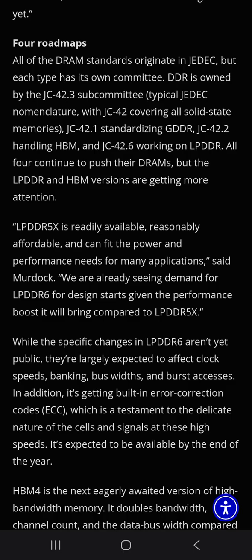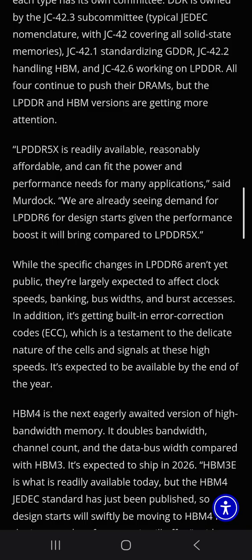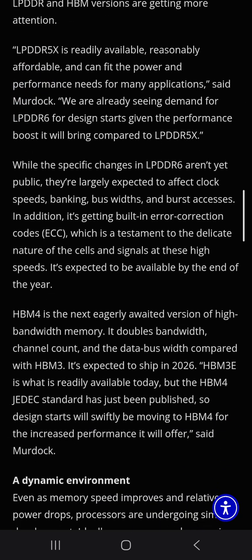LPDDR5X is readily available, reasonably affordable, and can fit the power and performance needs of many applications, said Mora. We are already seeing demand for LPDDR6 designs start, given the performance boost it brings compared to LPDDR5X.